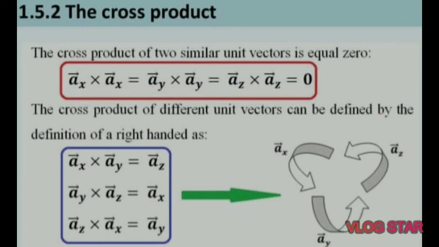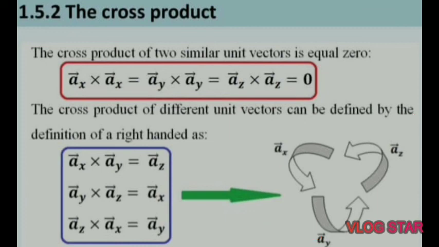So here we will consider the left-hand system, and we can write AX bar, AY bar and AZ bar. If we take the cross product of AX bar and AY bar, then the third remaining vector is AZ bar. So the answer is AZ bar.